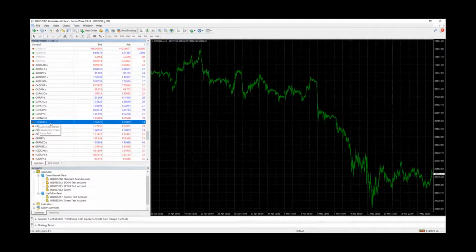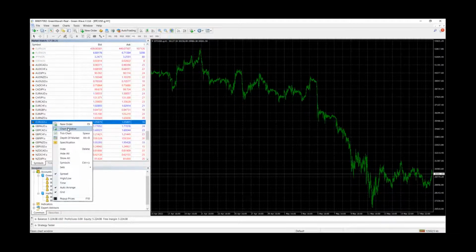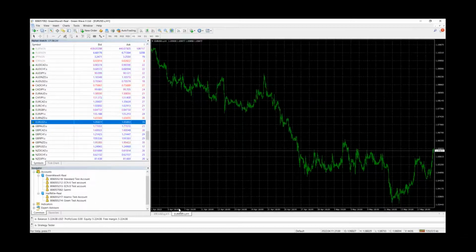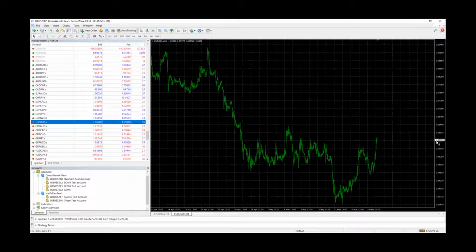You see, it's going to highlight it. Let's say I want to launch it here. I will right click and then click on chart window, and it's going to bring it here for me. So this is the Euro US dollar and the price is currently 1.05881.